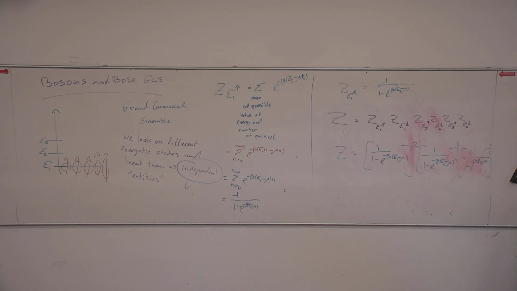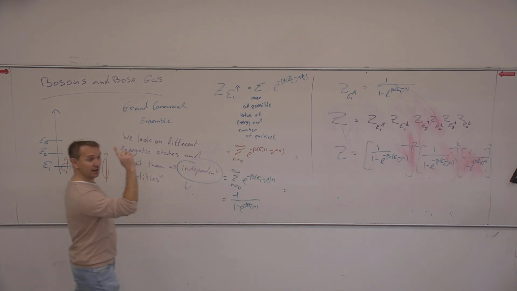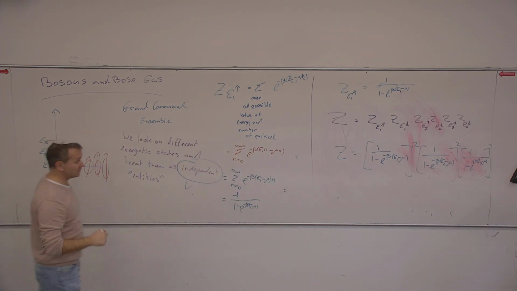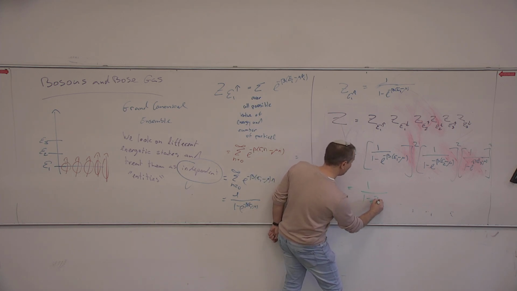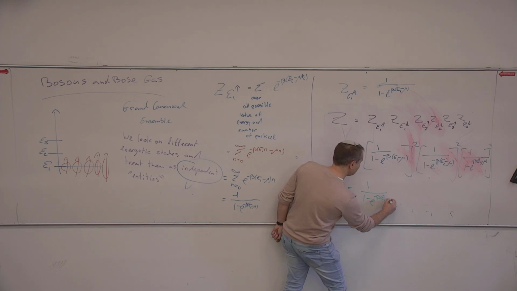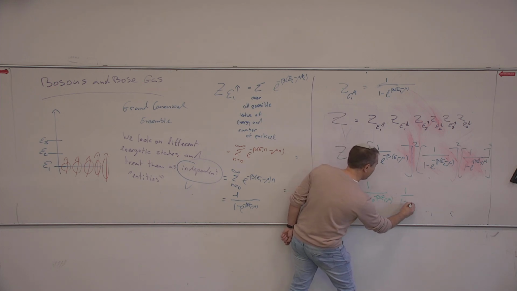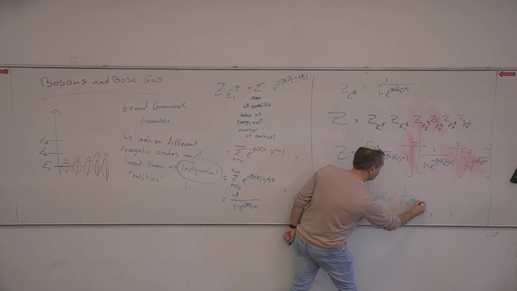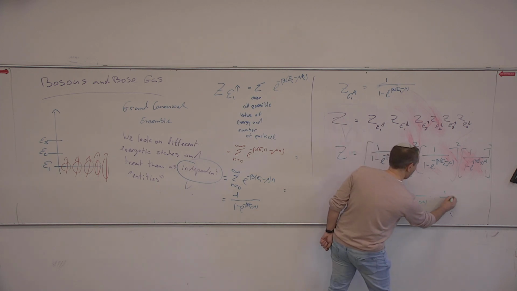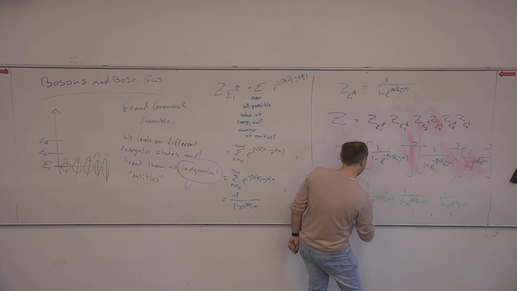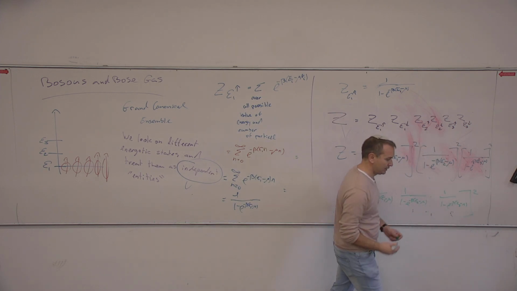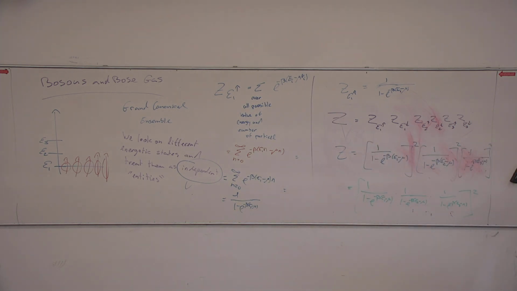And 1 over 1 minus e to the power minus beta (epsilon 3 minus mu), to the power of 2. In general, for each state, the 2 is because I have only up and down, +1 and -1. So I can write it in general terms as the product of 1 over 1 minus e to the power minus beta (epsilon i minus mu) over all states, and all of this to the power of 2. And this is the degeneracy.